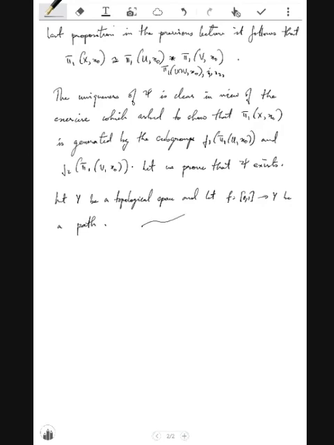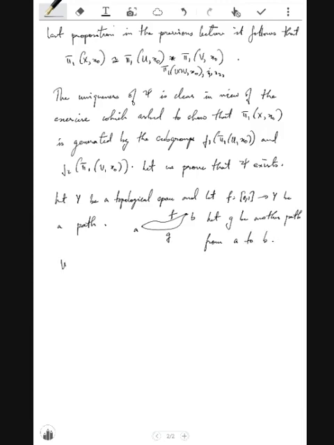So f is a path from a to b. Let g be another path from a to b.